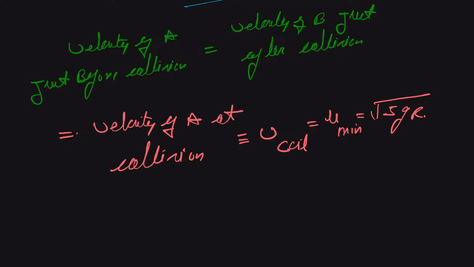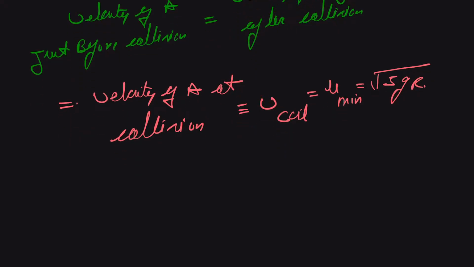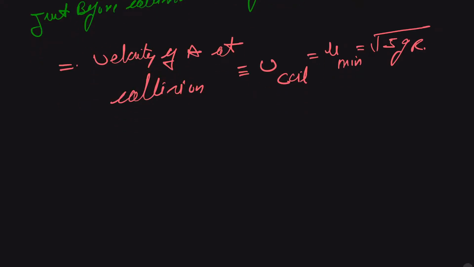Now let's find out what will be the velocity of A as per its own conservation law. Okay, the pencil is almost going to die, so let me try to complete. So this was our R, and it is going to fall down, and this is our H. So this will be R cos theta if this value is theta.